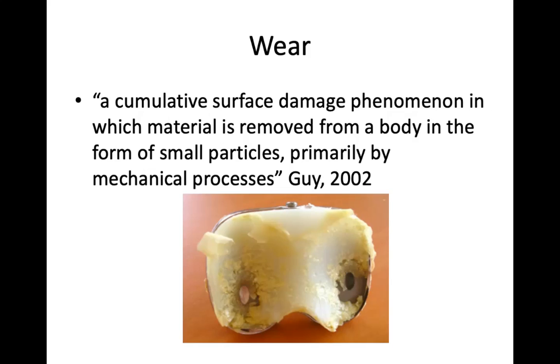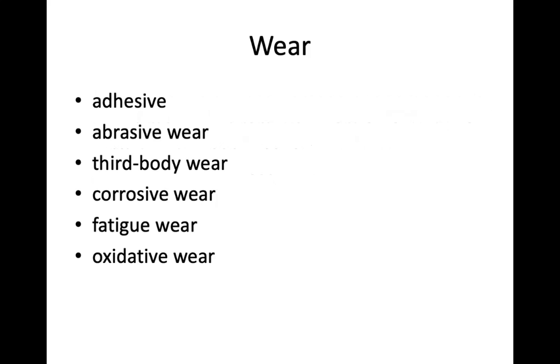We've made progress with this. Just as with corrosion, there are many flavors of wear, including adhesive, abrasive, third body, corrosive, fatigue, and oxidative. And likely parts of all of these processes contribute to wear in arthroplasty.